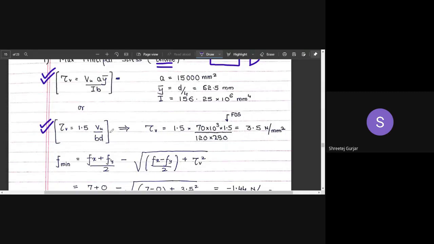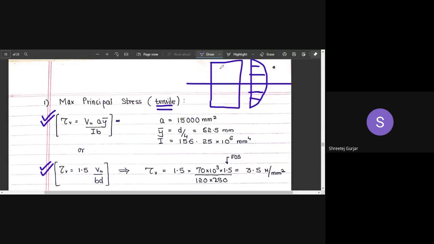We will use this formula, which is for a rectangular section. You can apply it only when it is a rectangular section and when we want to find the maximum shear stress at the neutral axis. This cannot be applied in all cases.